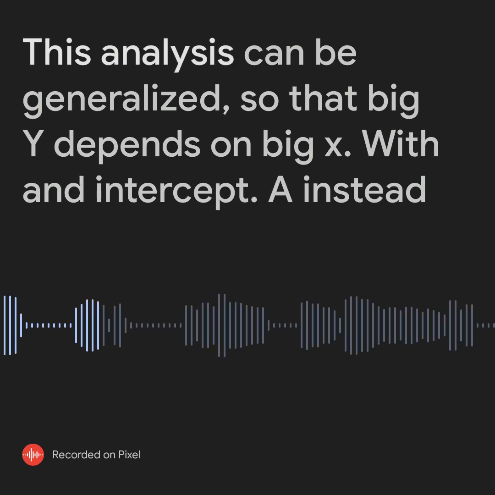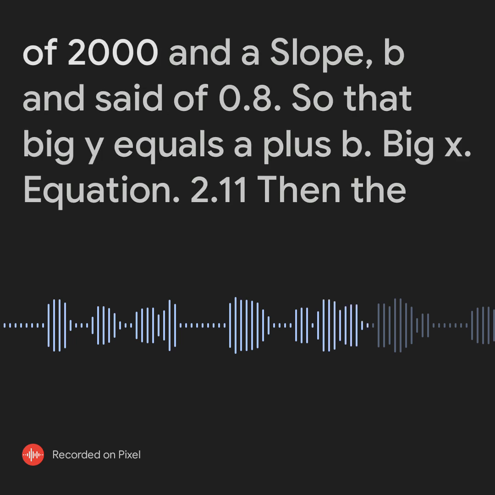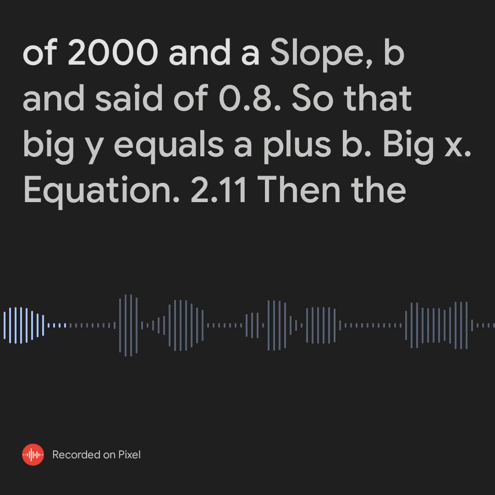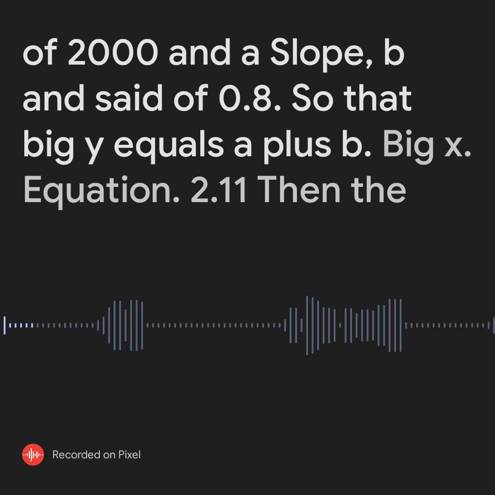This analysis can be generalized so that Y depends on X with an intercept A instead of 2000 and a slope B instead of 0.8, so that Y = A + BX, equation 2.11.